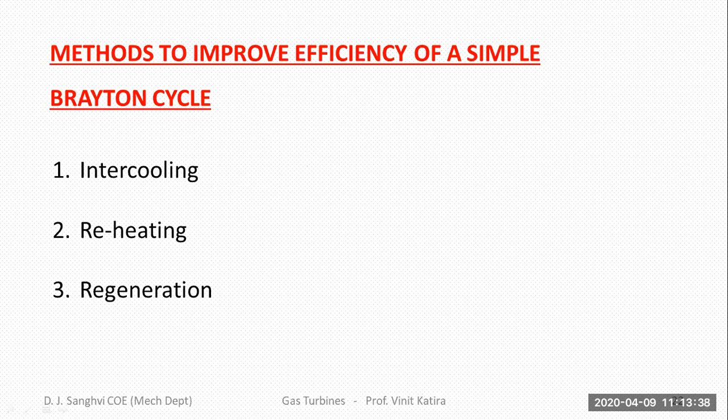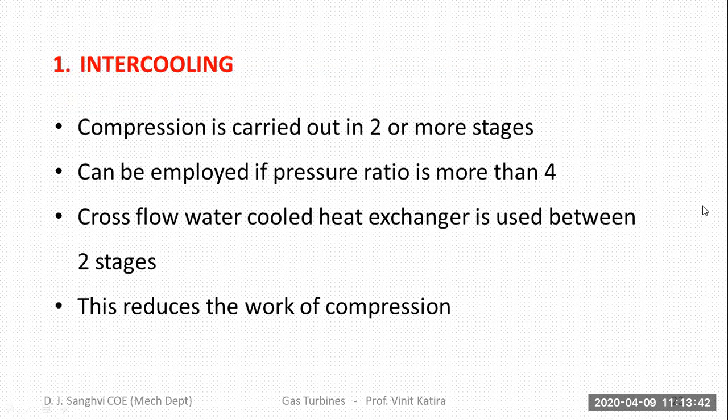So same thing applies over here. You have your compression carried out in two or more stages. If the pressure ratio is above 4, here a water cooled heat exchanger is used between two stages. This obviously is going to reduce the work of compression because you cool the compressed air to its initial temperature.